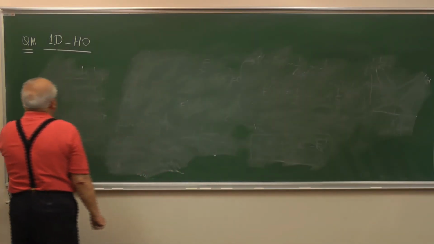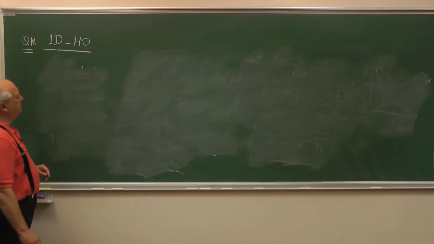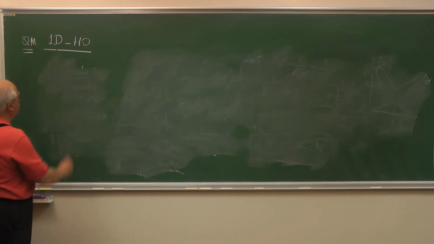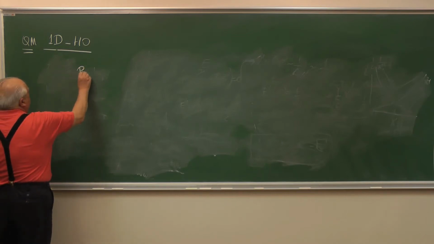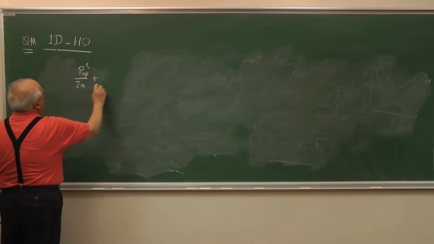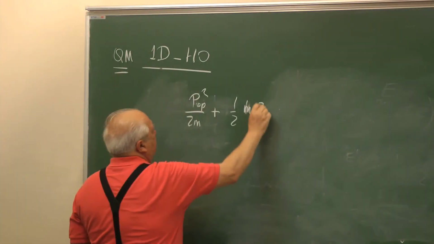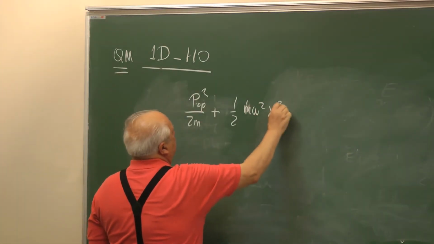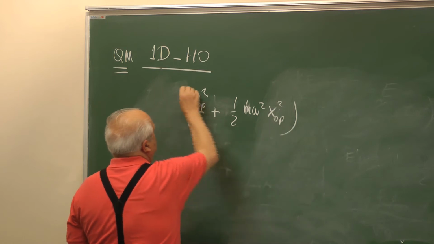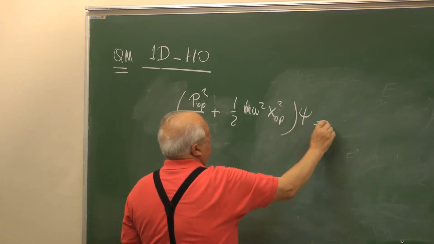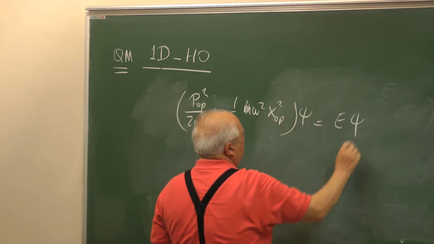We now write the Schrodinger equation for the one-dimensional harmonic oscillator: P operator squared over 2m plus 1/2 m omega squared x squared, psi equals E psi.